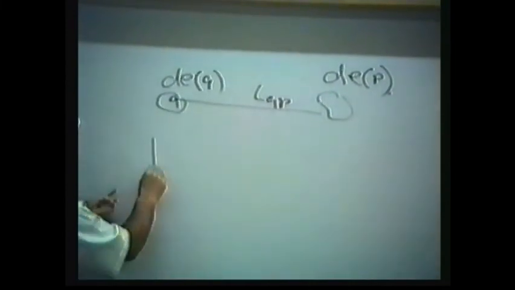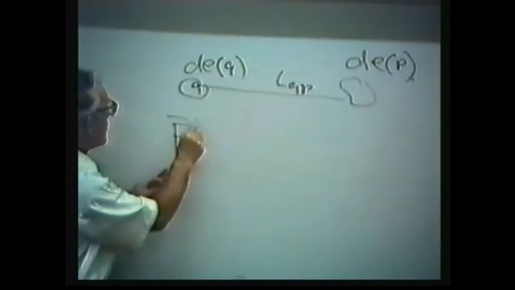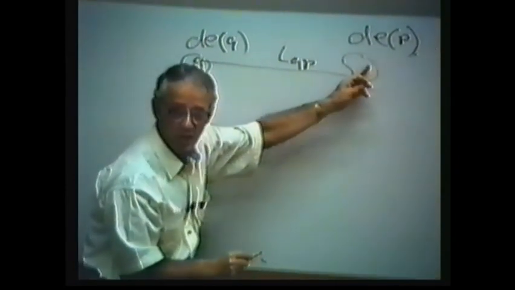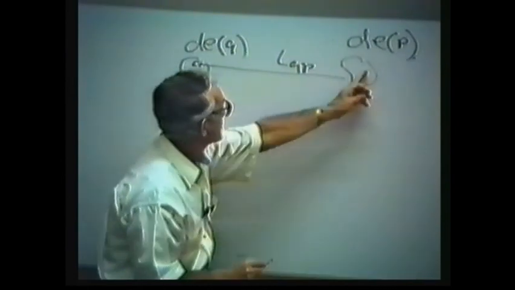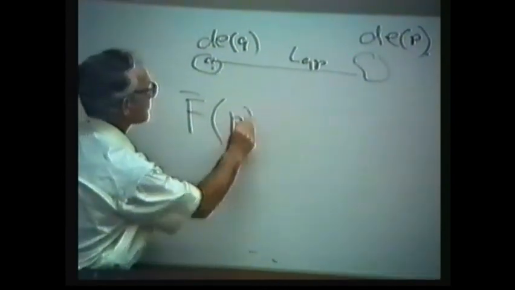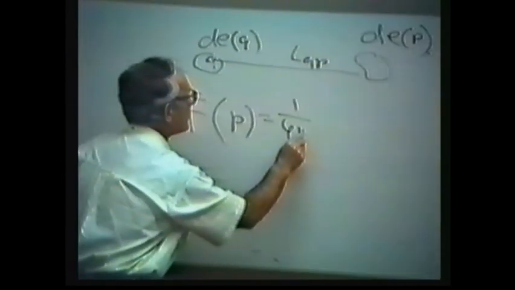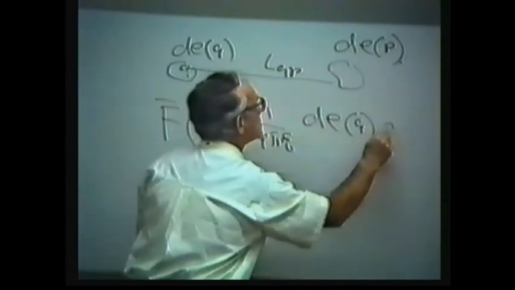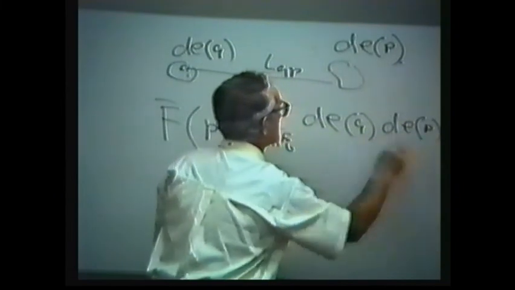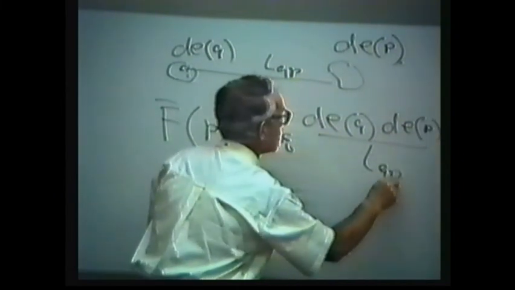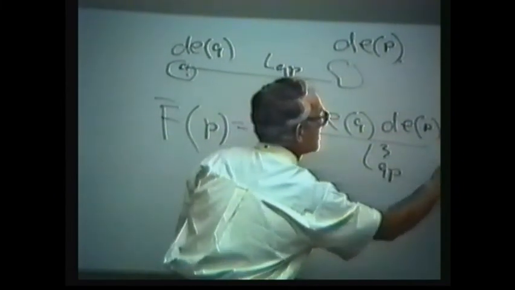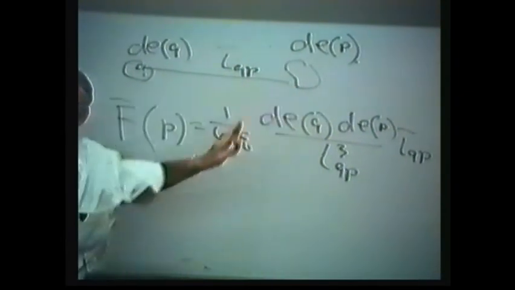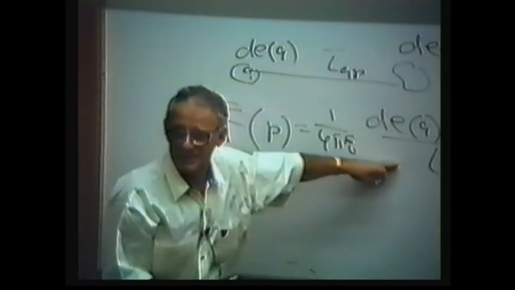And he found out, as all of you know, force with which charge around point P acts on charge around point Q is equal to: unit divided by 4 pi epsilon naught, dE Q dE P divided by L_QP cubed, times L_QP. So, as I promised, I will not derive any equations, I only write down.